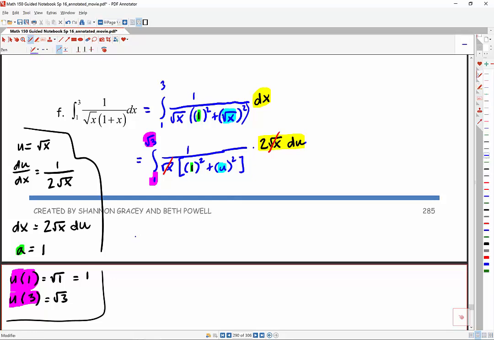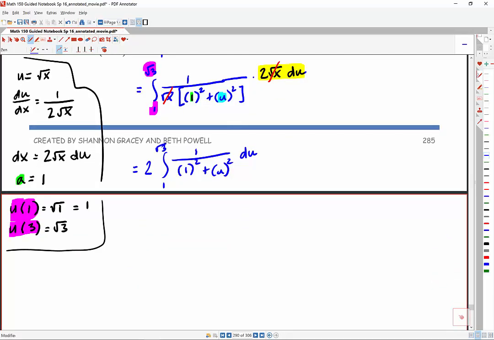This will give us 2 times the integral from 1 to root 3 of 1 over 1 squared plus u squared du. So this will give us 2 times 1 over 1 arctangent of u over 1, and that's evaluated from u equal to 1 to u equal to root 3.